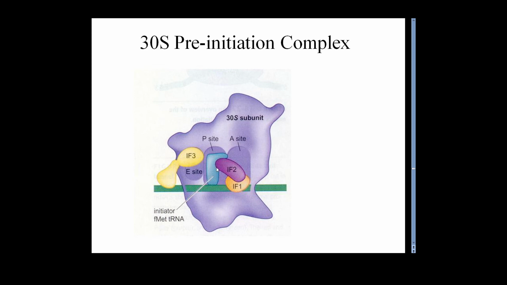The initiation factors with formylmethionine tRNA, the initiator transfer RNA, bind after interaction of messenger RNA with ribosomes and appearance of the initial codon in the P site.